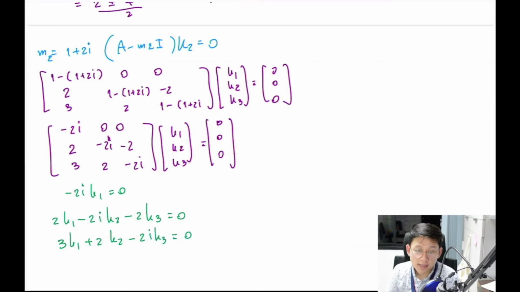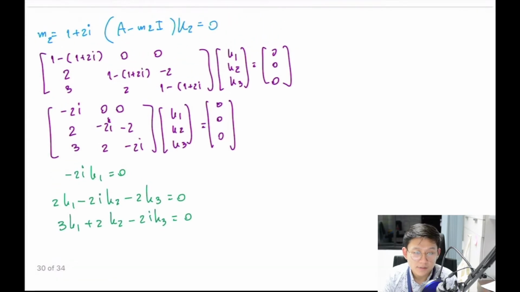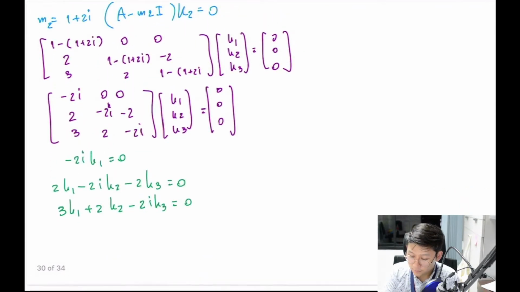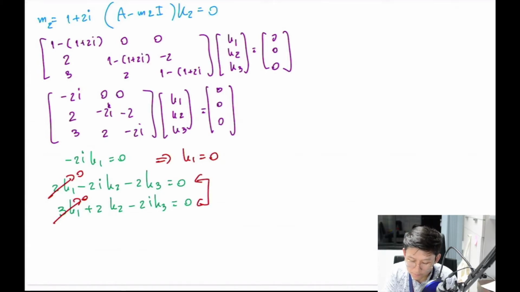Okay, we obtain these three equations. But from the first equation, we know that k1 is actually 0, which means that we can solve for k2 and k3, right?